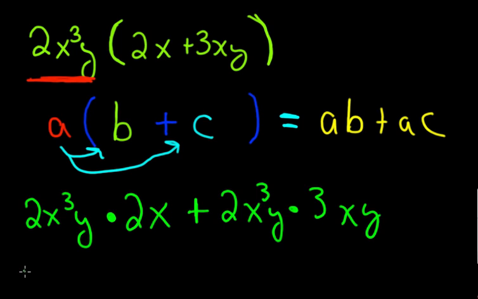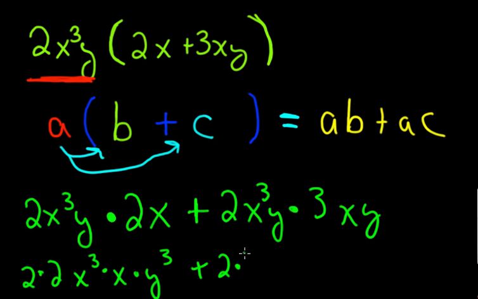But we get 2 times 2 x cubed times x times y cubed plus 2 times 3 x cubed times x y times y. I apologize here. Again, I think having to reset the computer earlier, I'm rushing a bit.